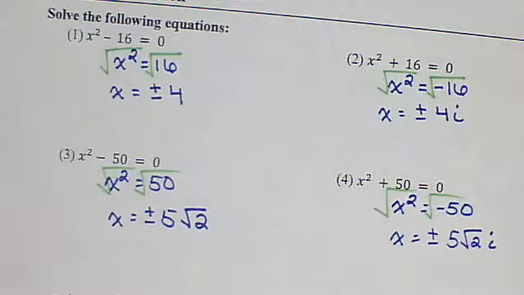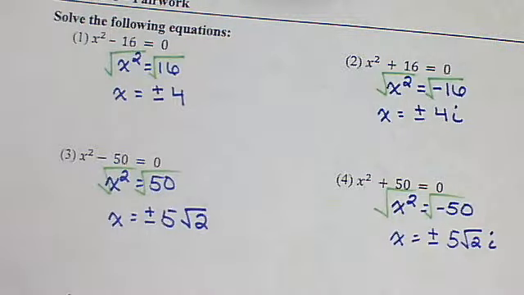What about number 2? We have 2 solutions, both imaginary. Do you think you're ever going to actually touch the x-axis? No, you don't have any real roots, so you never actually touch the x-axis.